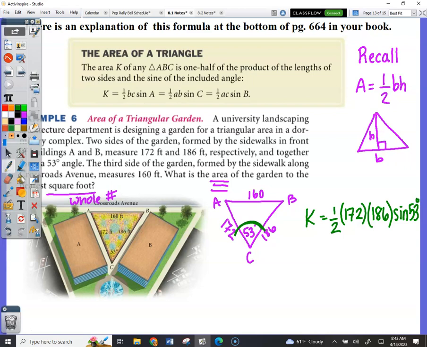You need to be in what format though? You need to be in degrees because you're using degrees. And it says go to the nearest foot. Type all of that in your calculator and then round and confirm if you got this.